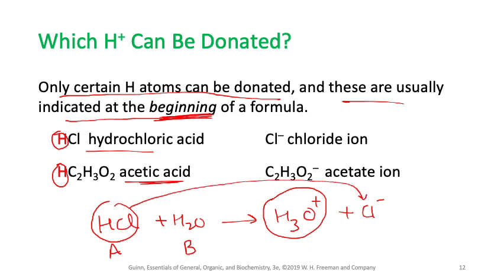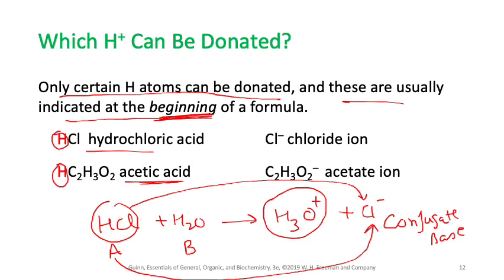So we have a special definition. According to that definition, the molecule that is acting as an acid, after it is done behaving as an acid, is converted into a conjugate base, right?